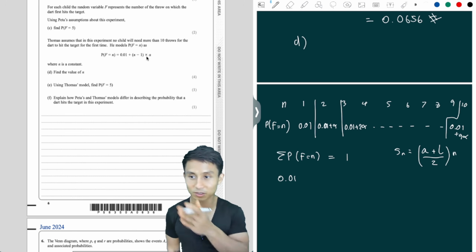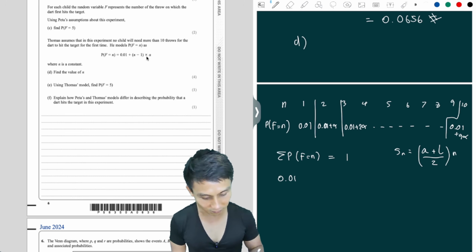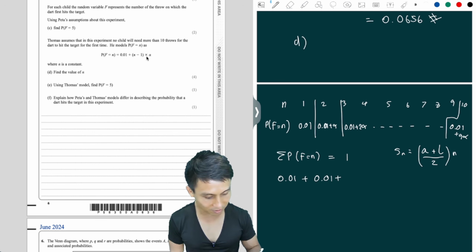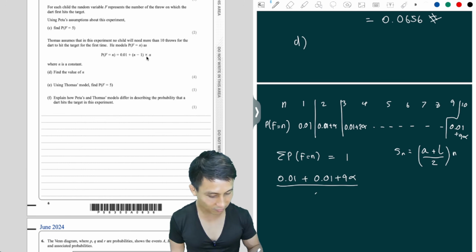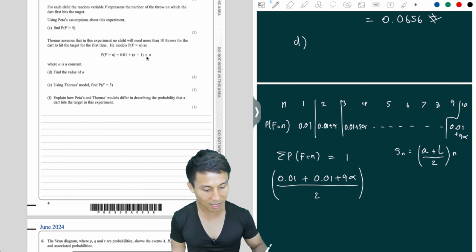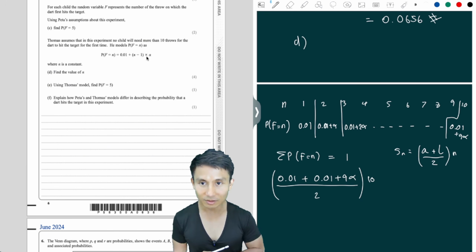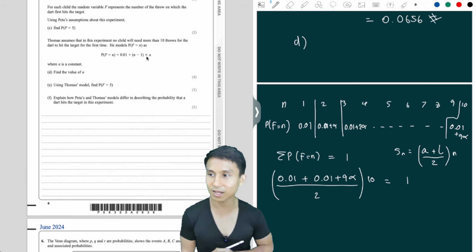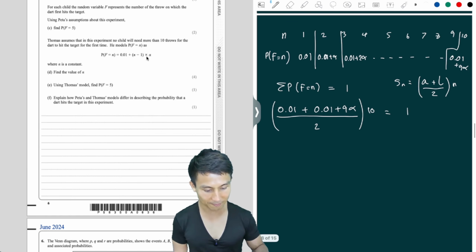That will work because we seem to know everything here. The first term is 0.01. The last term is 0.01 plus 9 alpha, divided by 2, times n, which is 10. There are 10 terms, 10 cases, 1 to 10, equal to 1. And that is just to solve for alpha.